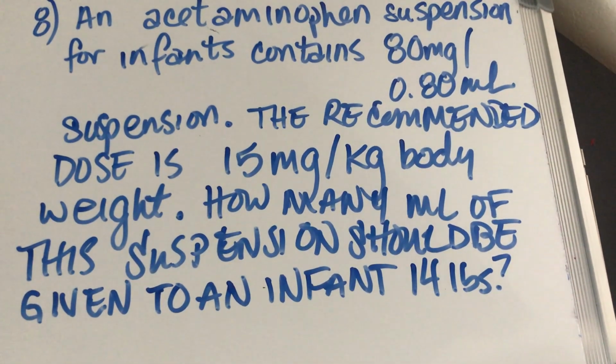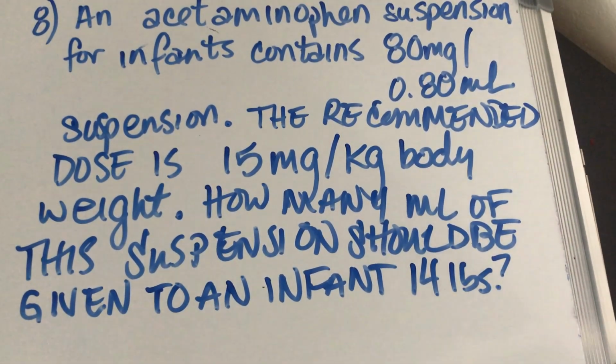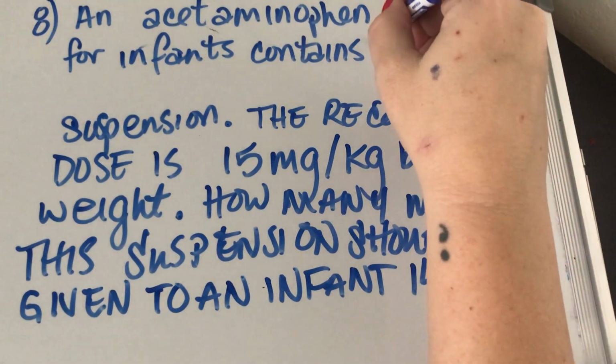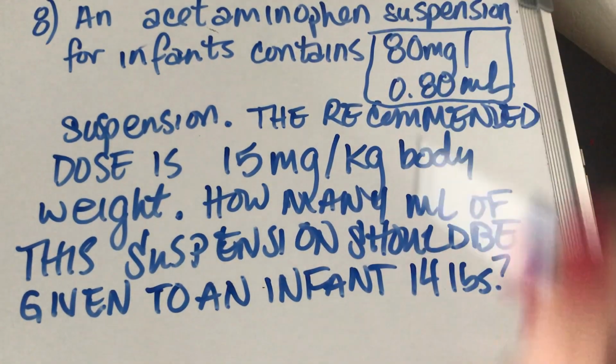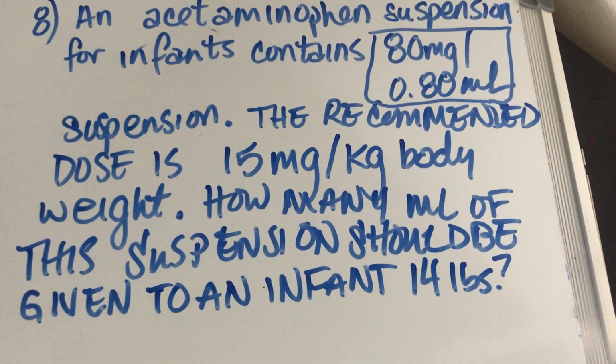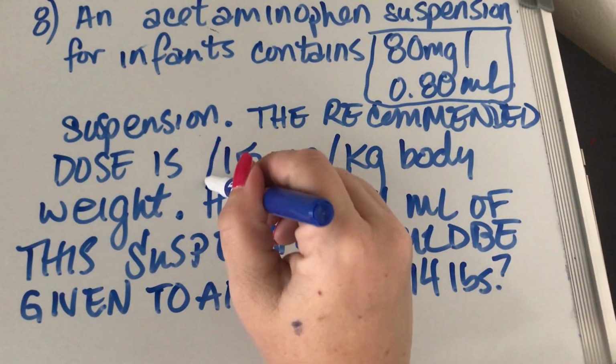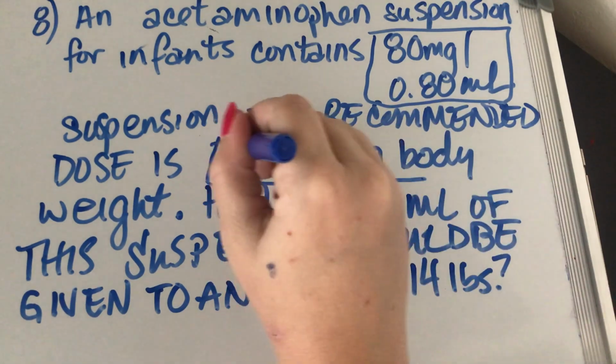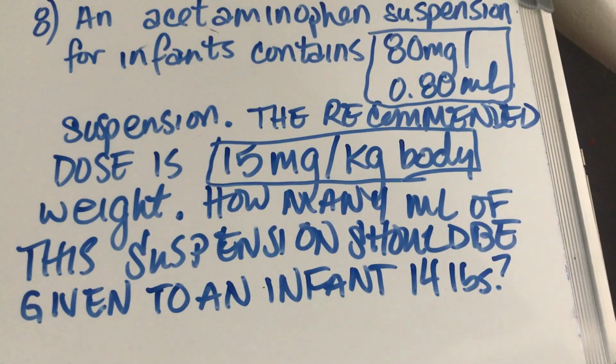So numerically speaking, I'm given this number up here, right? There's 80 milligrams of Tylenol per 0.80 milliliters of the suspension. Does that make sense, guys? Yes. I have 15 milligrams per kilogram of body weight.